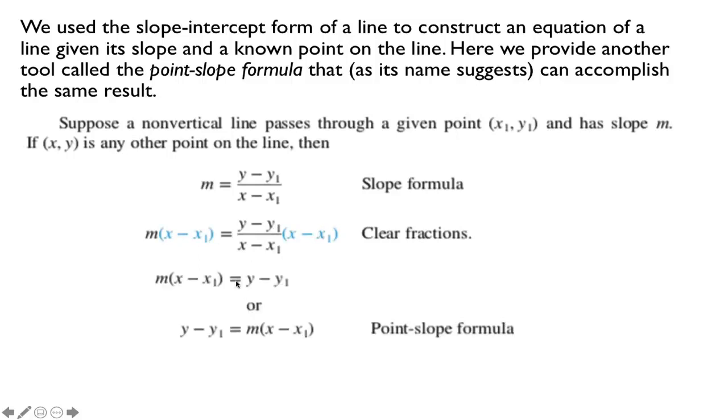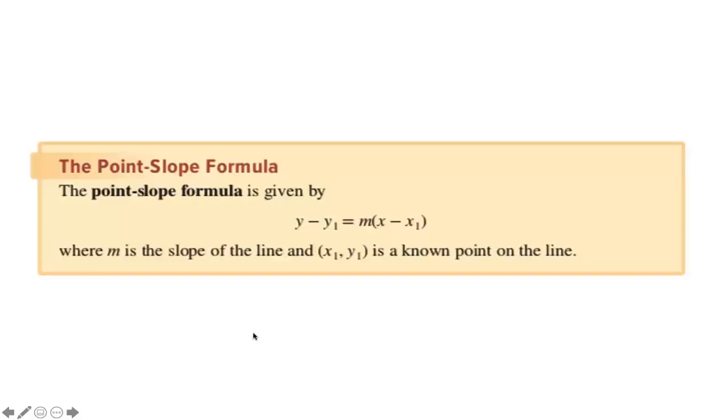Then I can switch the order to get y minus y1 is m times x minus x1. This is called the point-slope formula because it requires one point, x1, y1, and the slope. So here's the point-slope formula: y minus y1 is equal to m times x minus x1, where x1, y1 is a point and m is the slope.